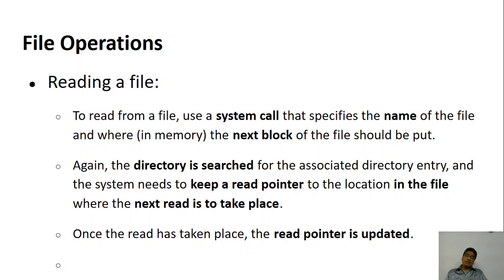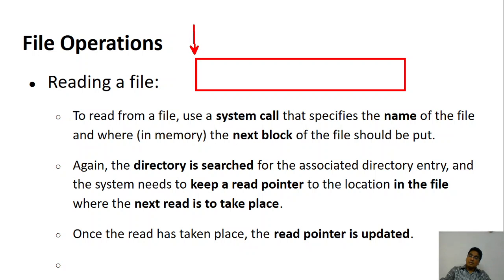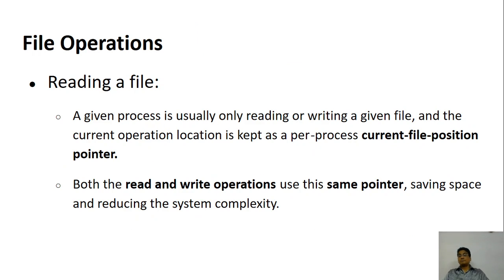If you have a file here, initially the pointer will be pointing to the first location in the file. As you start reading, the pointer will move further and further, so that we know up to which point you have read in the file. Now this particular pointer is called the current file position pointer.